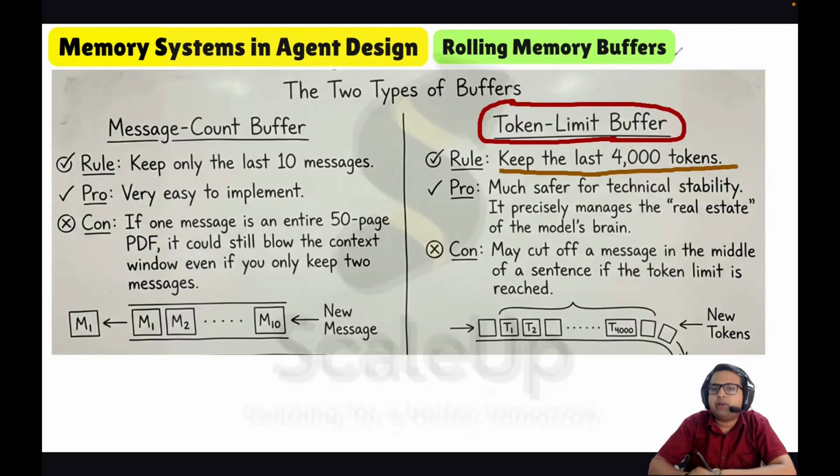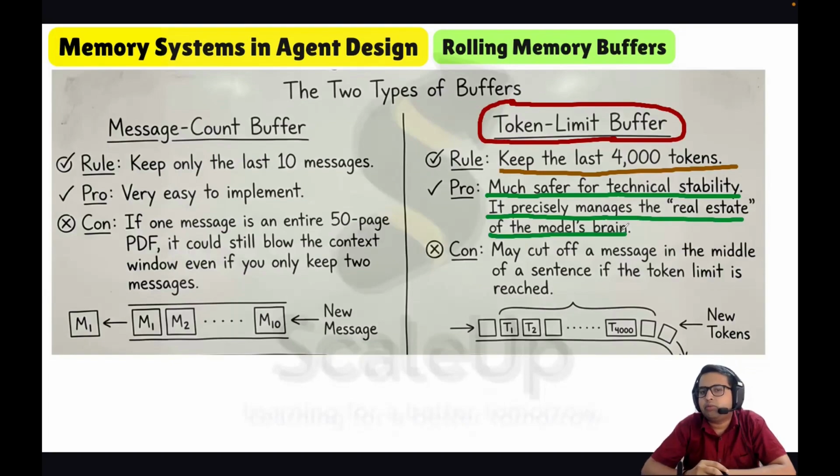Now this token limit buffer is definitely much safer for technical stability. It precisely manages the real estate of the model's brain. See, the good thing about the token limit buffer is that it is not counting the number of messages, rather it is counting the number of tokens. So the advantage is that, suppose I have a very big message, that also it can handle.